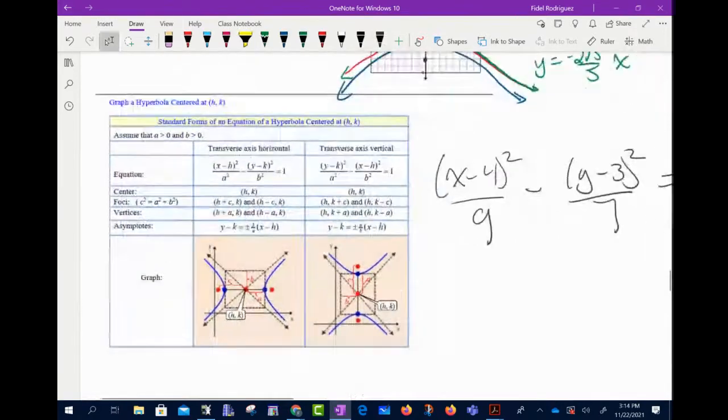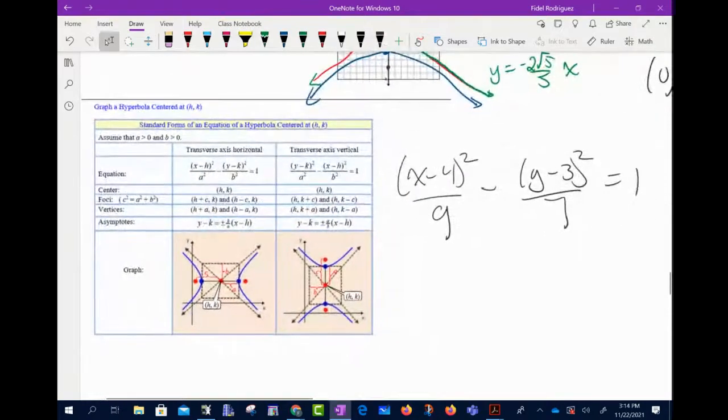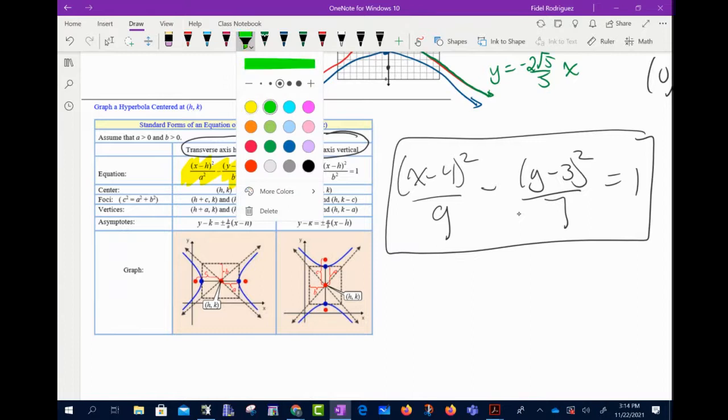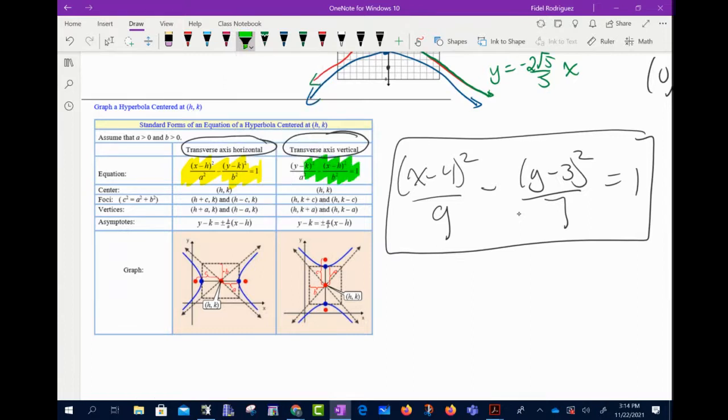Okay, so first question. When we do a little stare and compare here, does my transverse axis look like it's going to be the horizontal or the vertical? And the way I do that, y'all, is I look at the equation that I have, and I stare and compare it to either this part here or this one here.